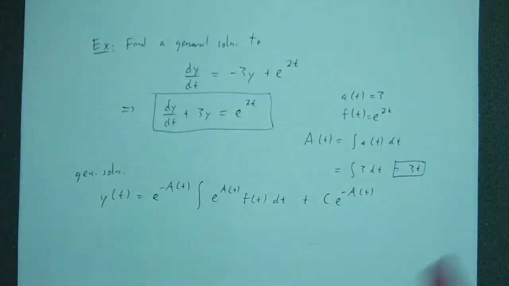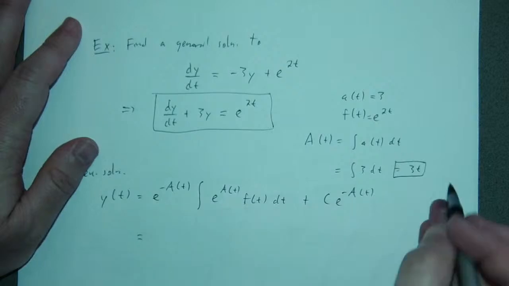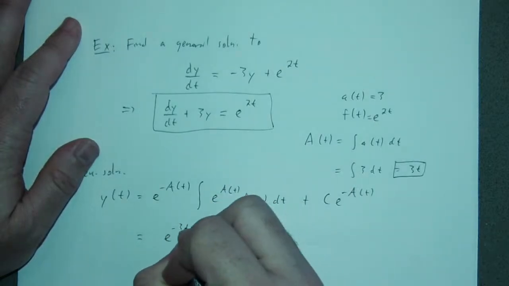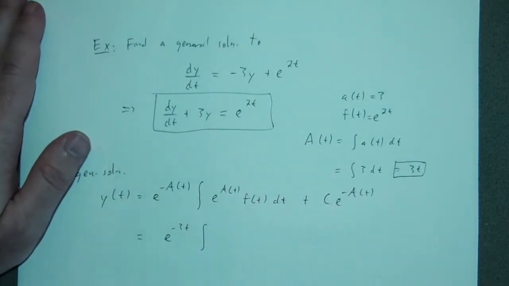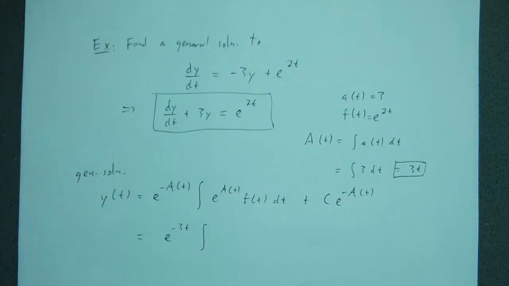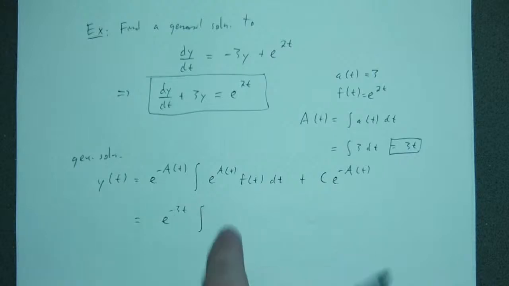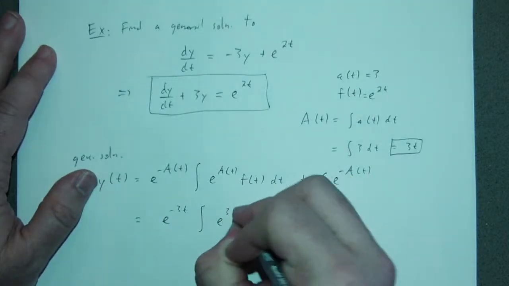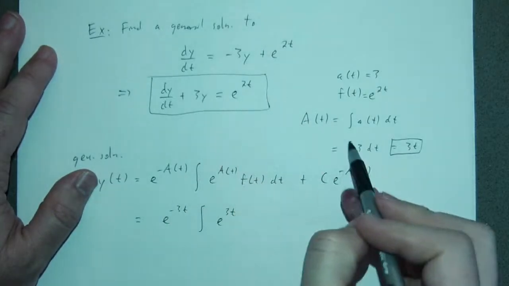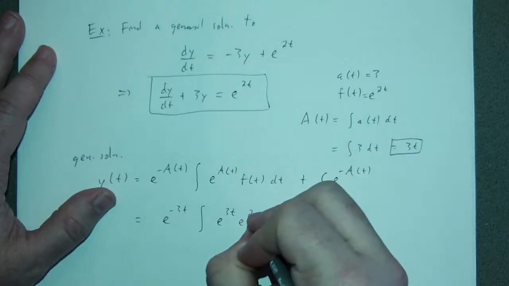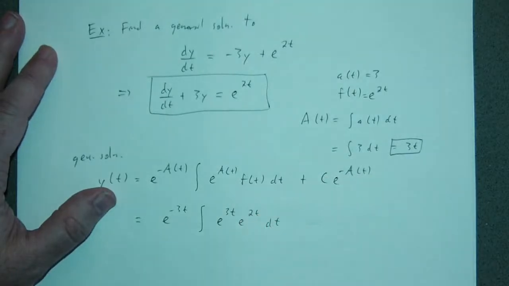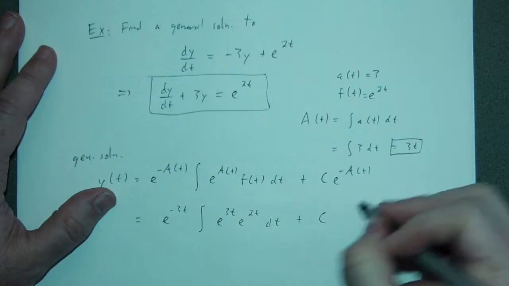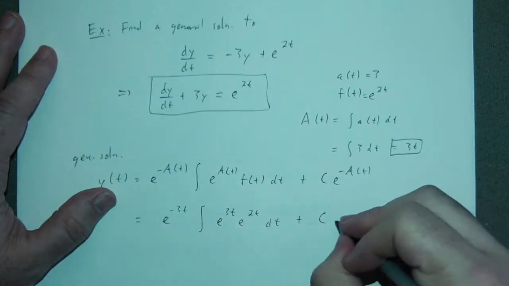So then this is going to be e to the minus 3t times the integral. A lot of times, if this is more complicated, you would want to do this integral separately and then just write this in one step. You wouldn't want to waste your time writing all this notation down, but I'm just going to do it this way. So e to the big A of t is e to the 3t, times f of t, which is e to the 2t, dt, plus c e to the minus 3t.